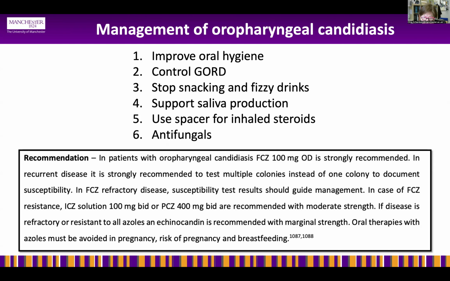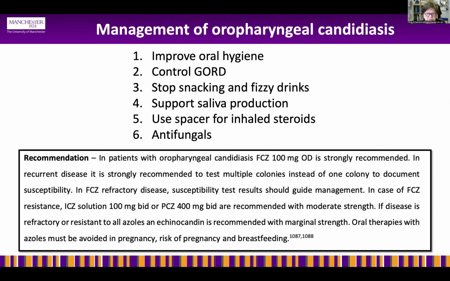For resistant cases, anyway, the clinical resistance, you recommend susceptibility testing, and then your alternatives should be chosen based on them. Itraconazole and posaconazole are listed as alternatives. Echinocandins in some settings, particularly in hospitalized patients, could be an option, but that is not in most settings achievable.